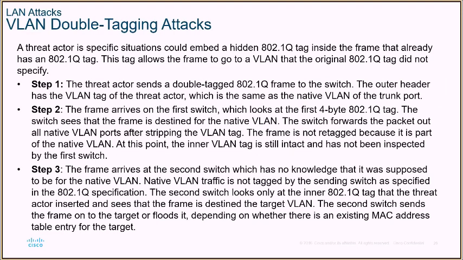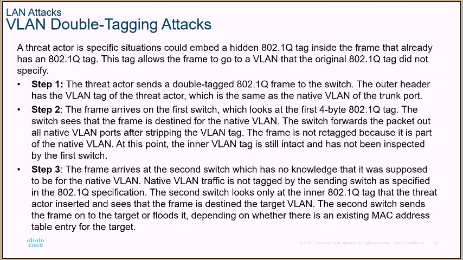So, double tagging attacks. A threat actor in specific situations could embed a hidden 802.1Q tag inside a frame that already has an 802.1Q tag. This tag allows the frame to go to a VLAN that the original tag did not specify. Basically, the first step is that they create a double tagged frame.